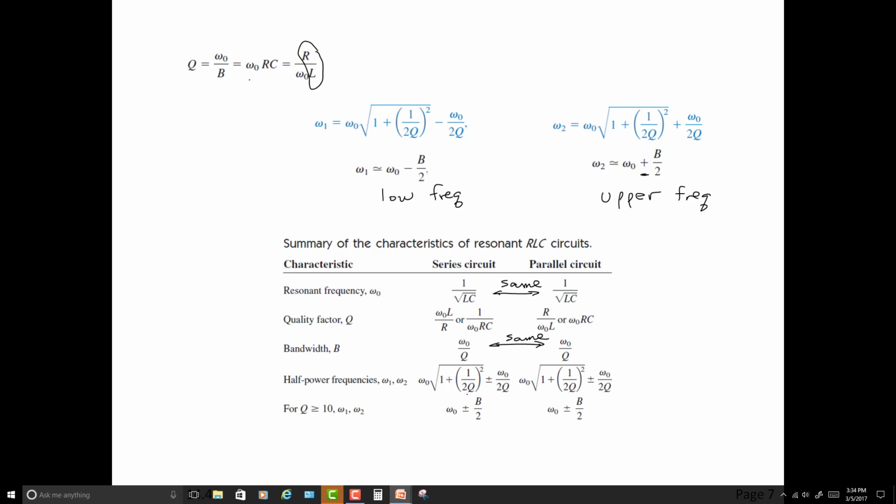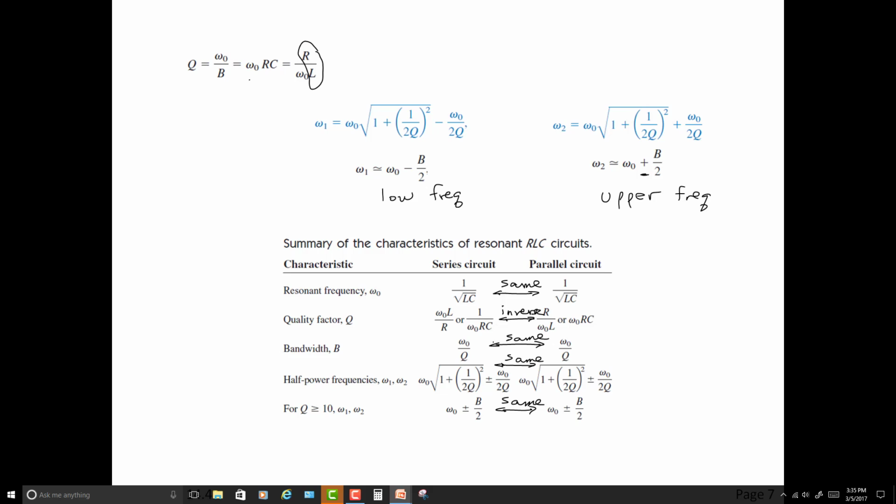Expressed in terms of Q, the half-power frequencies are the same. And expressed in terms of the bandwidth, the Q values are the same. So the treatment is the same except for the definition of the quality factor. The quality factors are inverses.